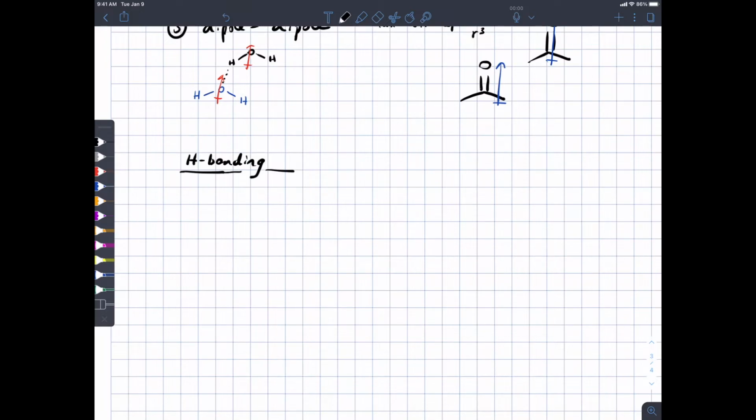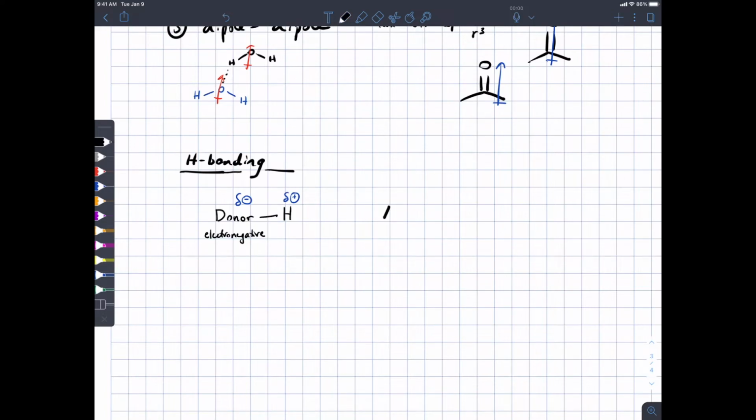And we have a special kind of language talking about these, and it's kind of a problem. So you've got a donor that's bonded to a hydrogen. Usually the donor is electronegative. So the hydrogen is electron poor, such that there's a partial minus on the donor and a partial positive on the hydrogen.